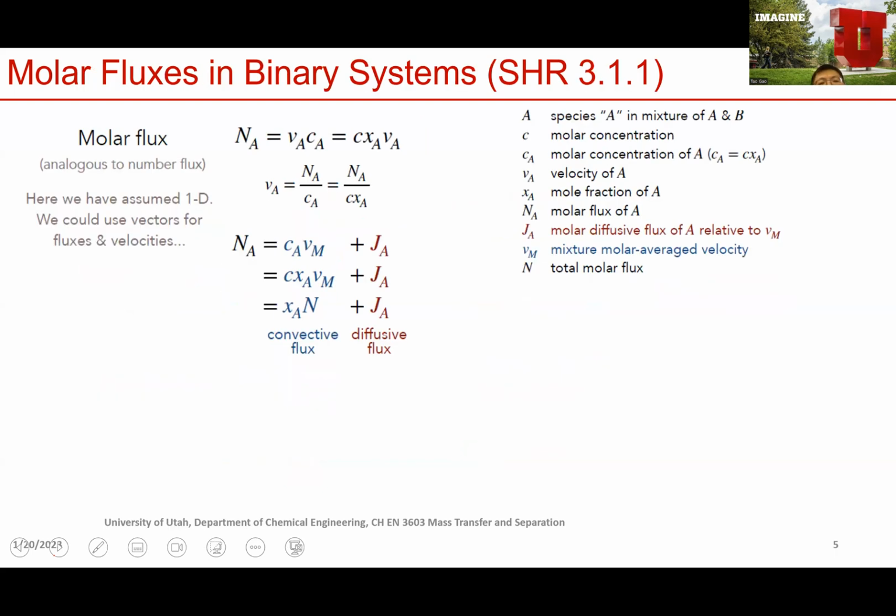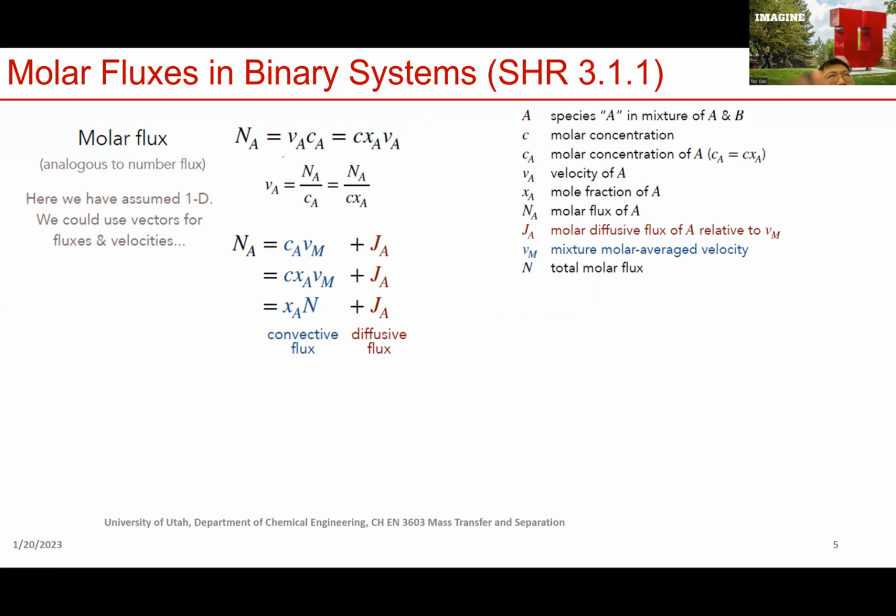Okay. Now we have a concept about how to compute average velocity for a mixture. We can move on to talk about molar flux in a binary system. So here we only consider a 1D scenario, so we can write all the vectors in scalar form.